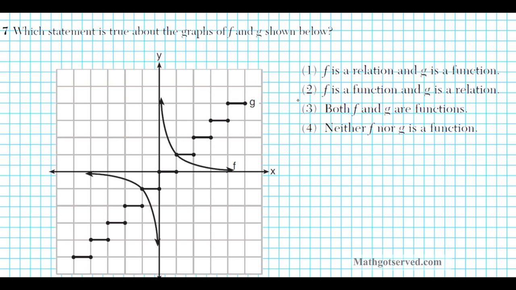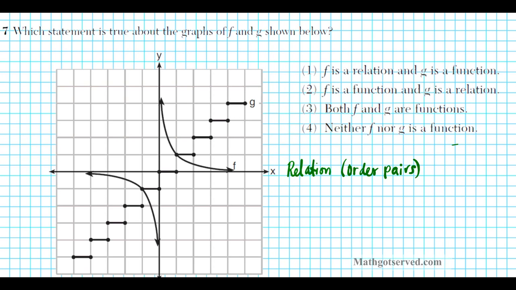Before we start to examine these options to see which is correct, let's talk about what relations and functions are real quick. Let's start with relations. What is a relation? A relation is basically a set of ordered pairs. If you see a set of ordered pairs, then you have a relation.